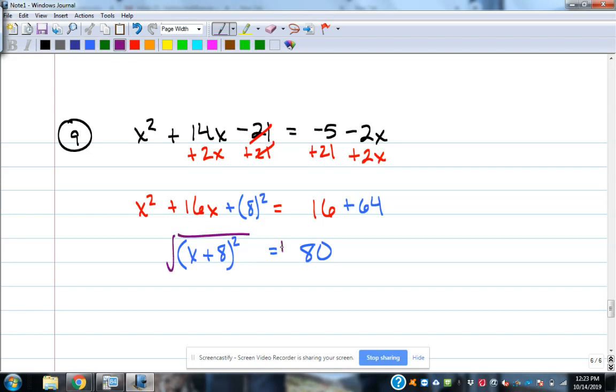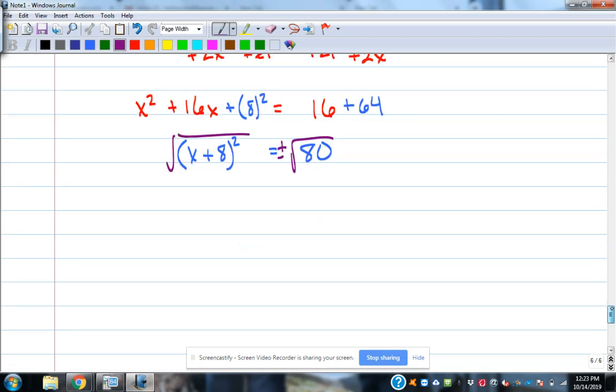Take the square roots. And does 80 have a nice square root? No, so I need to break it down. One pair of twos, two pairs of twos.